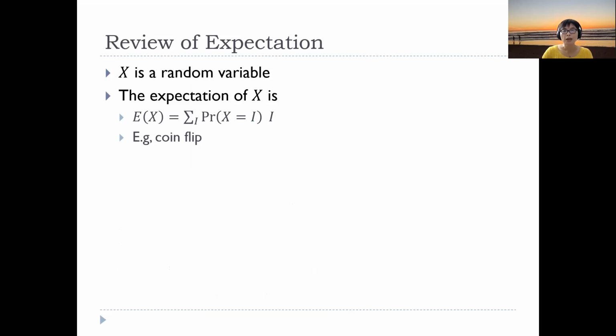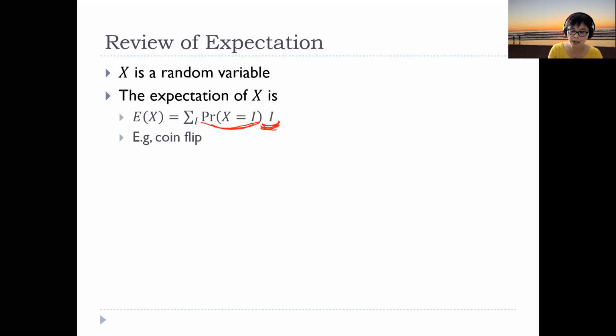The basic concept is that if you have X, a random variable, the expectation of X is computed by taking the values that X can take, multiplying each by the probability that X takes that value, and then summing it up. That's expectation. A simple example is a so-called fair coin, which means that if you flip it, with half chance you get a head, and with half chance you get a tail.